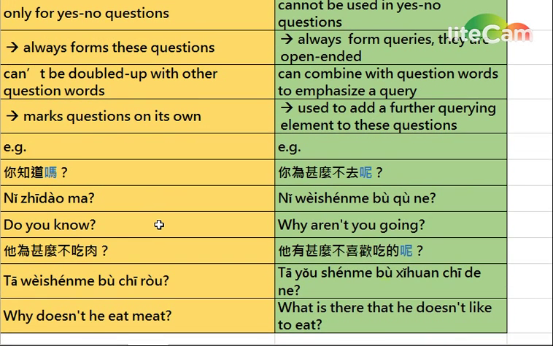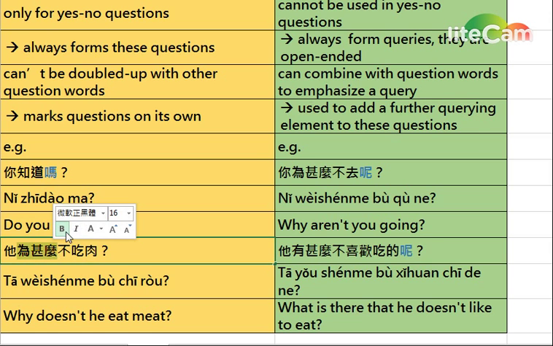And here is the example we mentioned before. 你知道吗? It means do you know? And here, 他为什么不吃肉? For this question, we already have the question word 为什么.